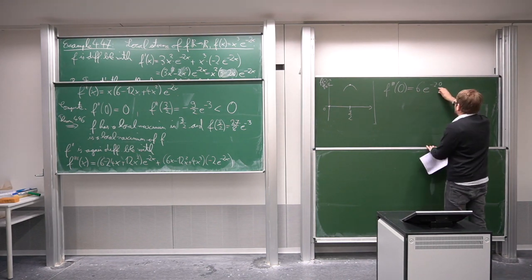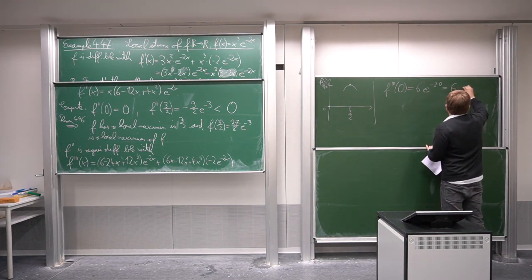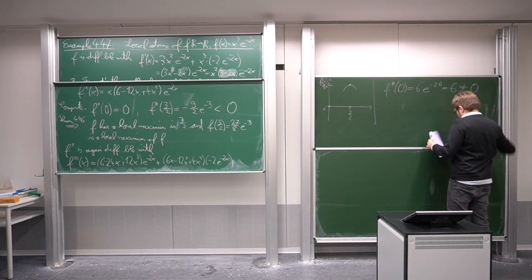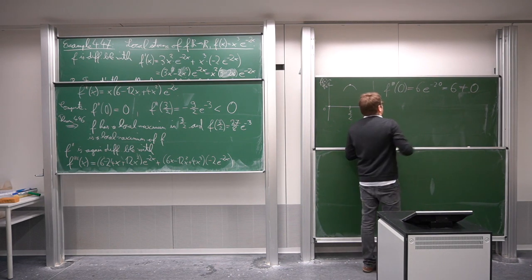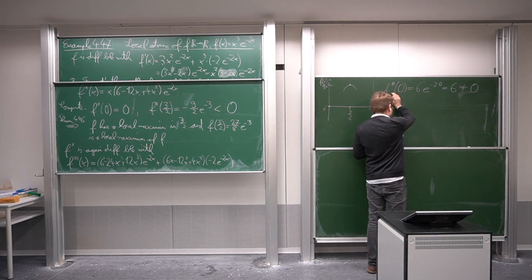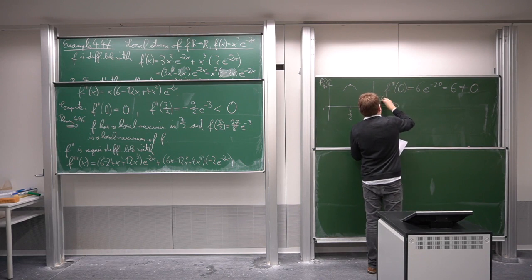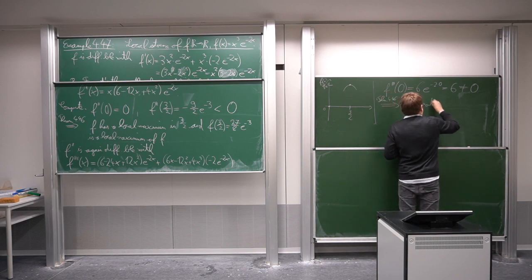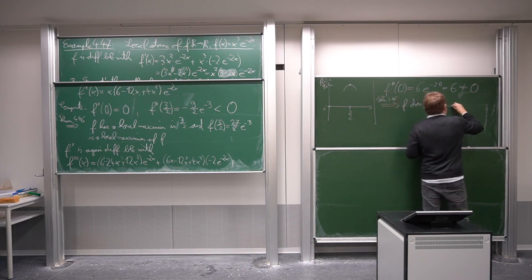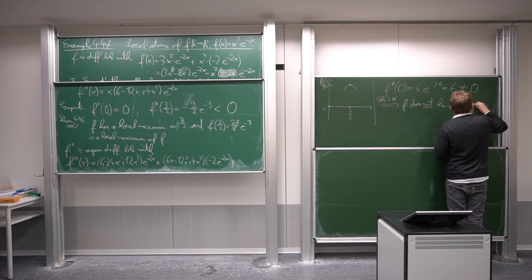Here's just a 0, so this is 1. So this is just 6, but the important thing is that it's non-zero. So we've seen that the third derivative is the first non-vanishing one, and since 3 is an odd number, we've seen in Theorem 446 that f does not have a local extremum in 0.